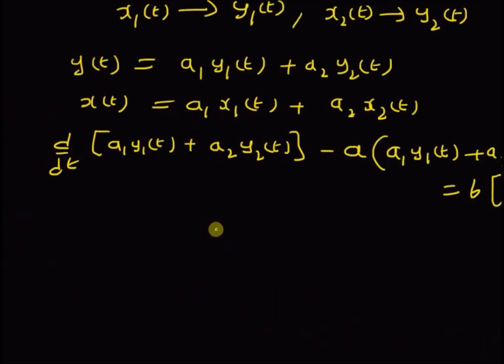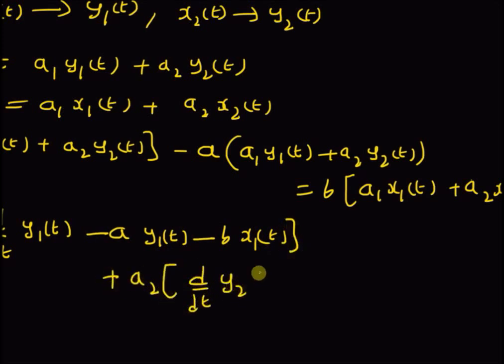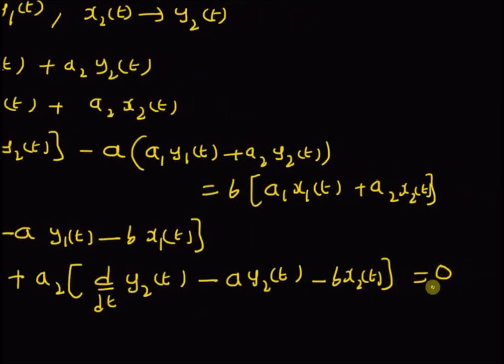Now by rearranging this equation, we have a1 times the bracket, the derivative of y1 of t minus a times y1 of t minus b times x1 of t, plus a2 times the bracket, d by dt of y2 of t minus a times y2 of t minus b times x2 of t. So this is equal to 0.